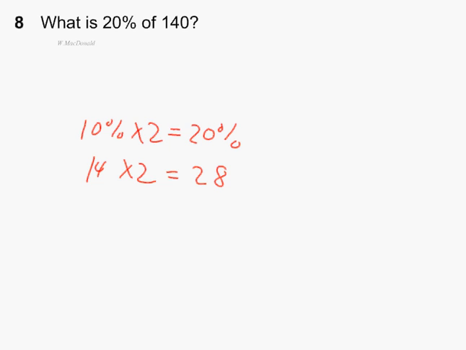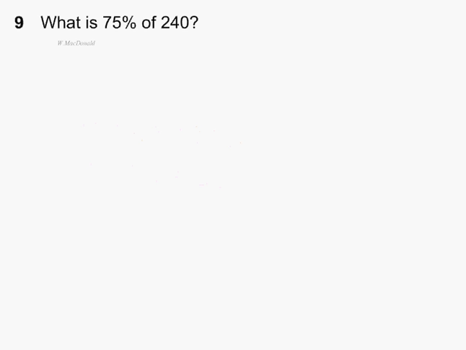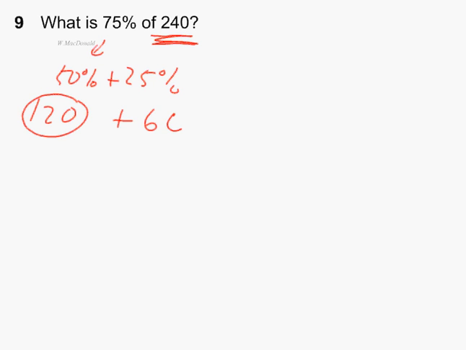Question 9. 75% can be thought of as being 50% plus 25%. So 50% of 240 is 120. 25% would be half of this, which is 60. So since 50% is 120 and 25% is 60, 75% would be 180.